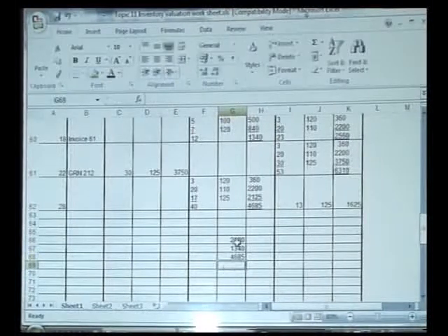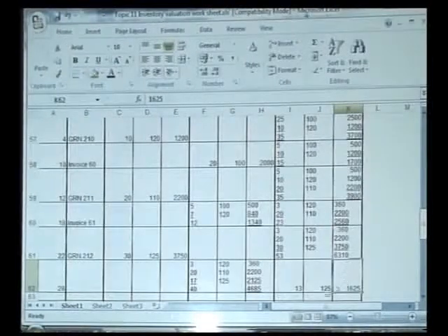These are the value of issues. So if you want to know the cost of goods sold, this is the amount, 8,025. 8,025 is the cost of goods sold or the value of issues, and this is the value of stock.